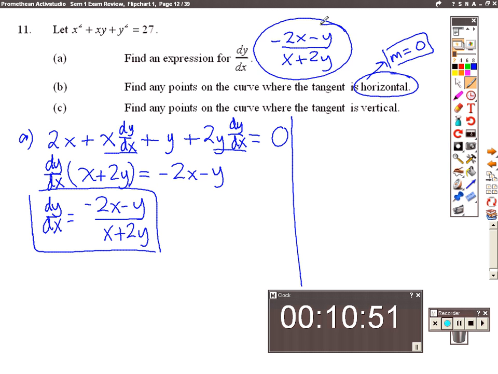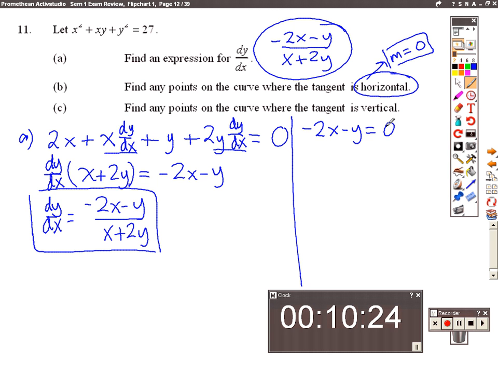If the derivative is going to be 0, I certainly can't let the denominator be 0 because division by 0 is undefined. So if there are any places where the derivative is 0, I'm going to set the numerator equal to 0. Now that does not give me a value, but what it does give me is the equation of a line that intersects my curve at the point where the derivative is 0.